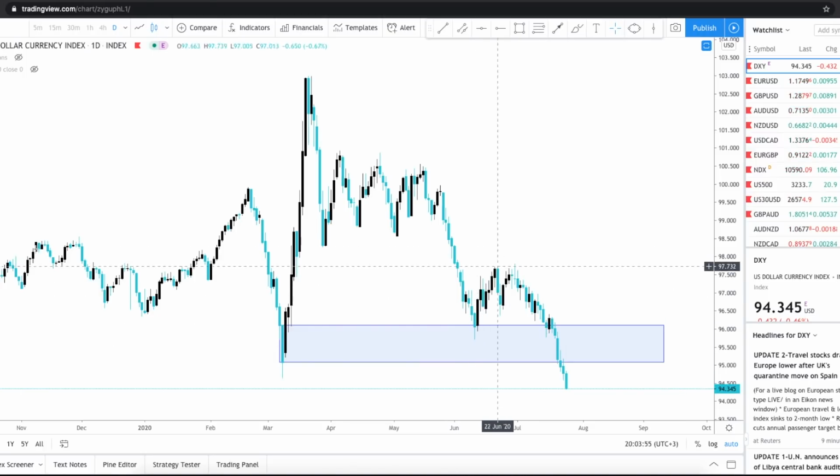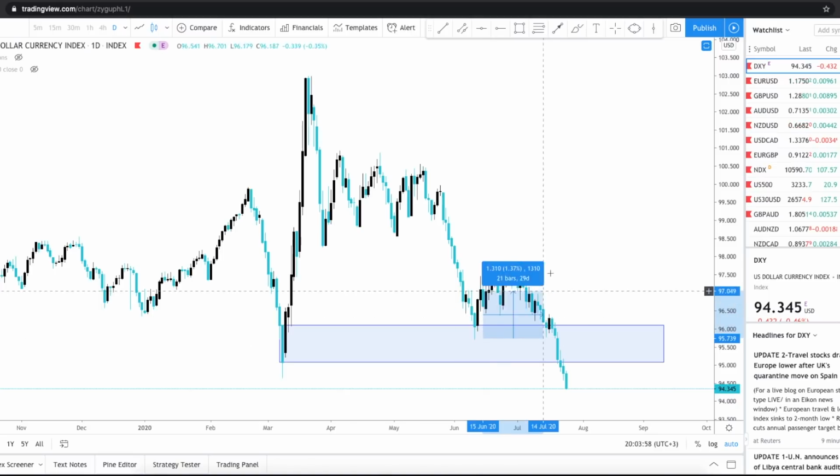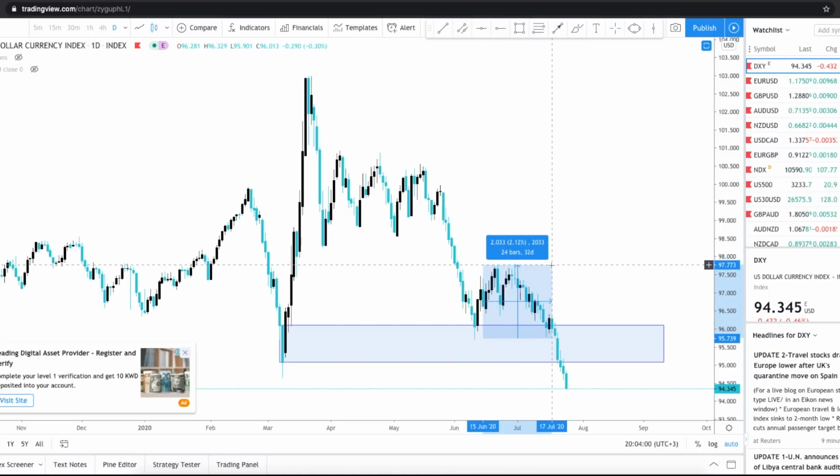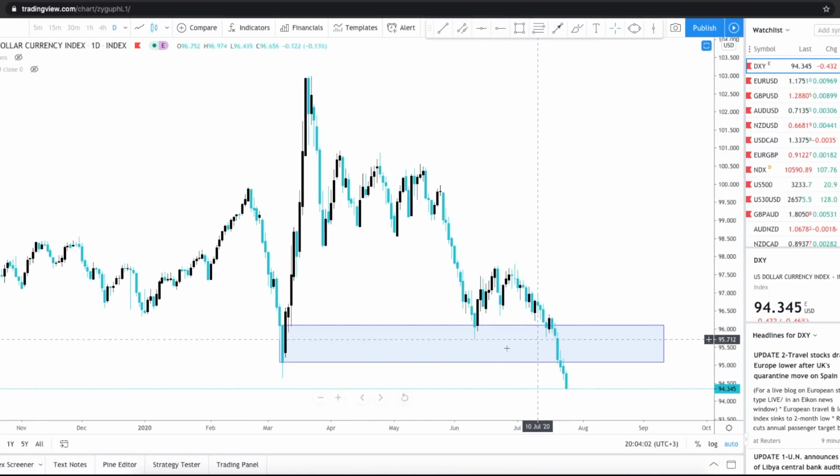It did go up for a little bit, right? By how many points? About 200, right? So it did go up for a little bit, and then it just fell, right? But it did find support in this area.